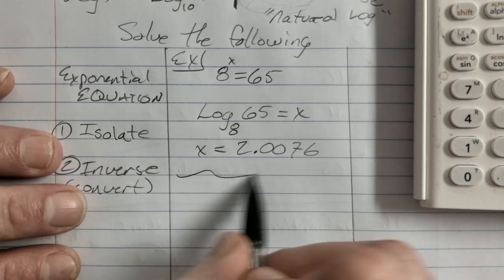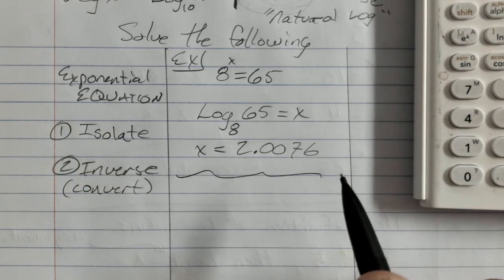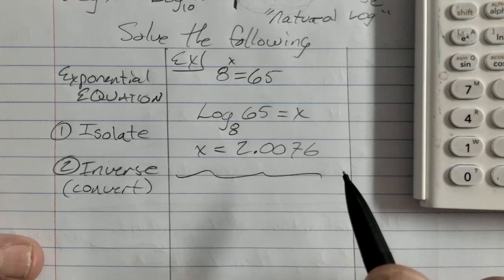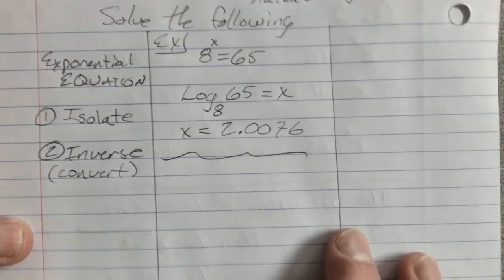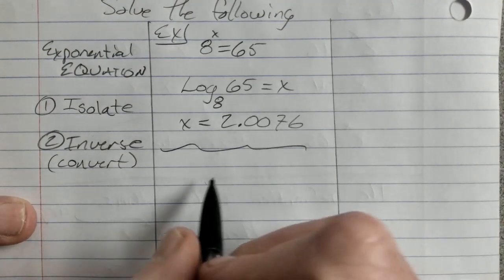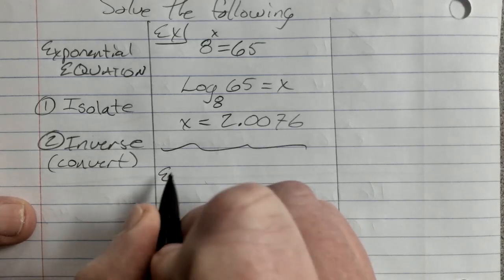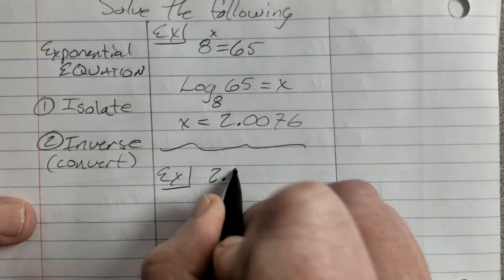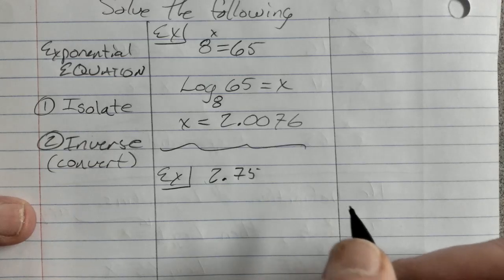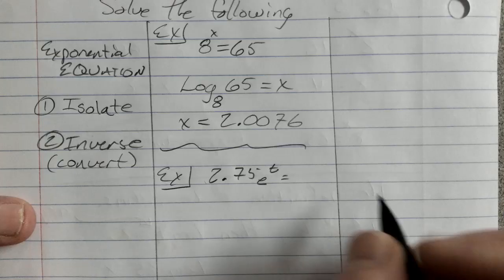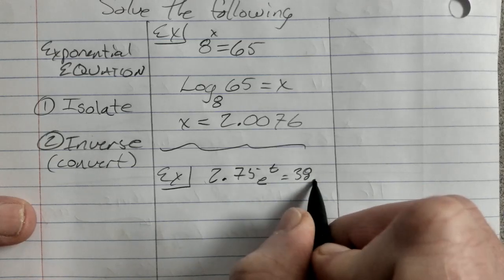Let's try another example here. Let's say we have 2.75 times e to the t equals 38.6.